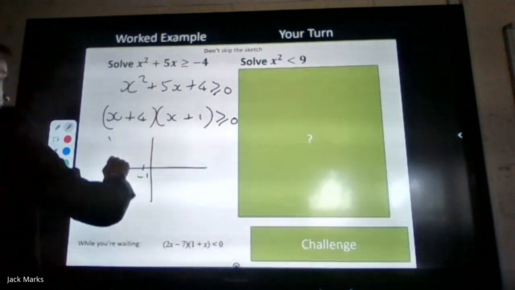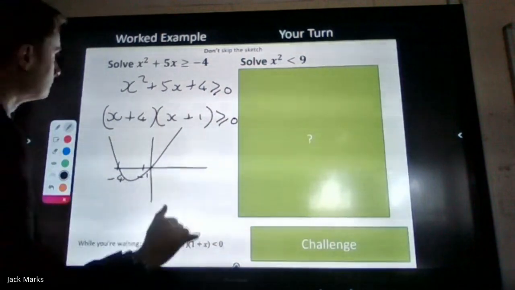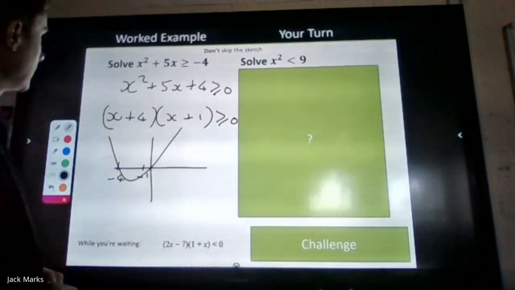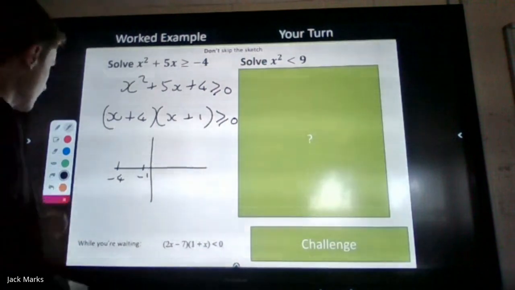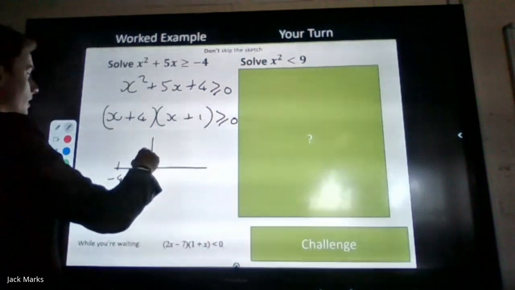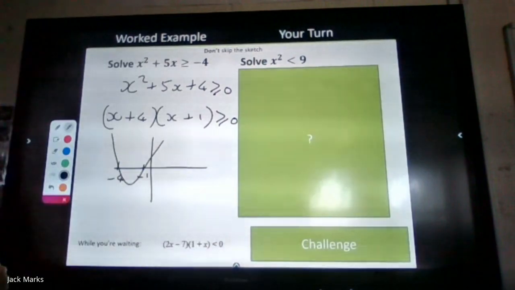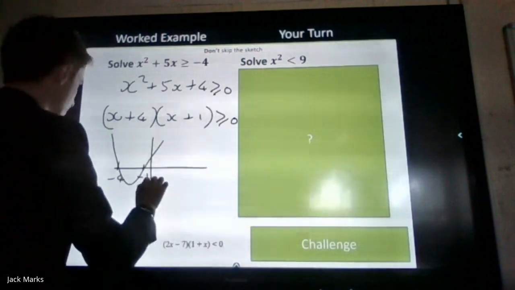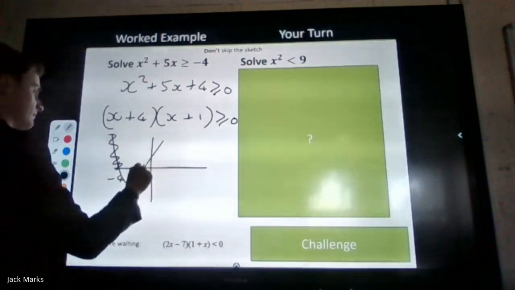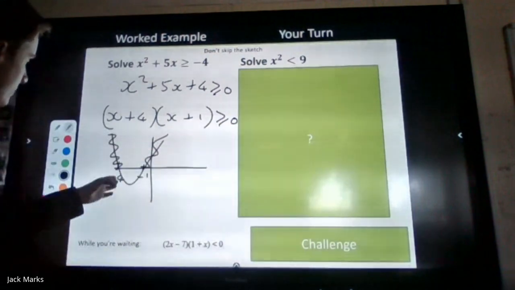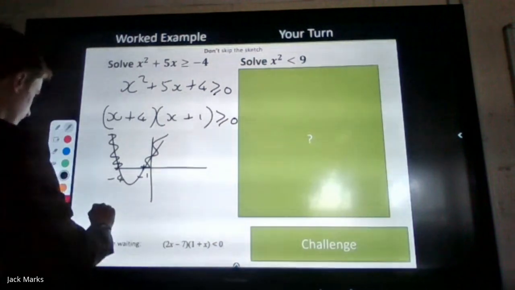It's x squared, so it's shaped like that. It's quite a bad sketch, actually. Let's do something like this. And what's the question? Where is it greater than or equal to 0? Well, it's greater than here. So I'm going to be talking about less than minus 4.